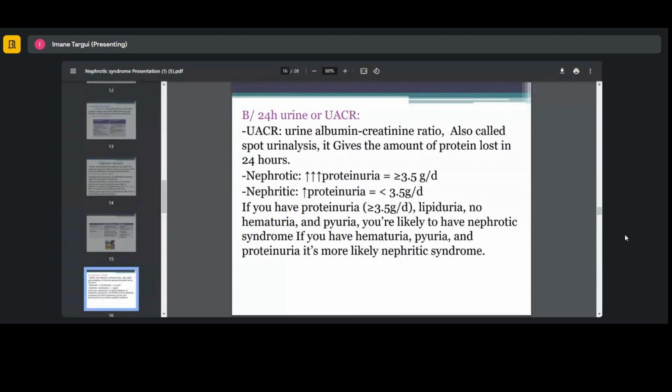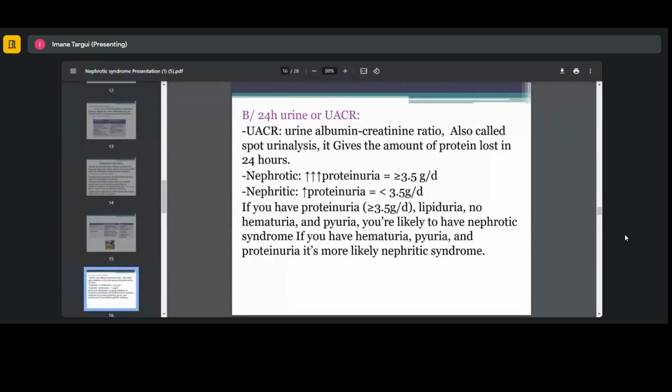In nephrotic, we have massive proteinuria, equal or more than 3.5 grams per day. And in nephritic we have proteinuria, but it is less, under 3.5 grams per day.